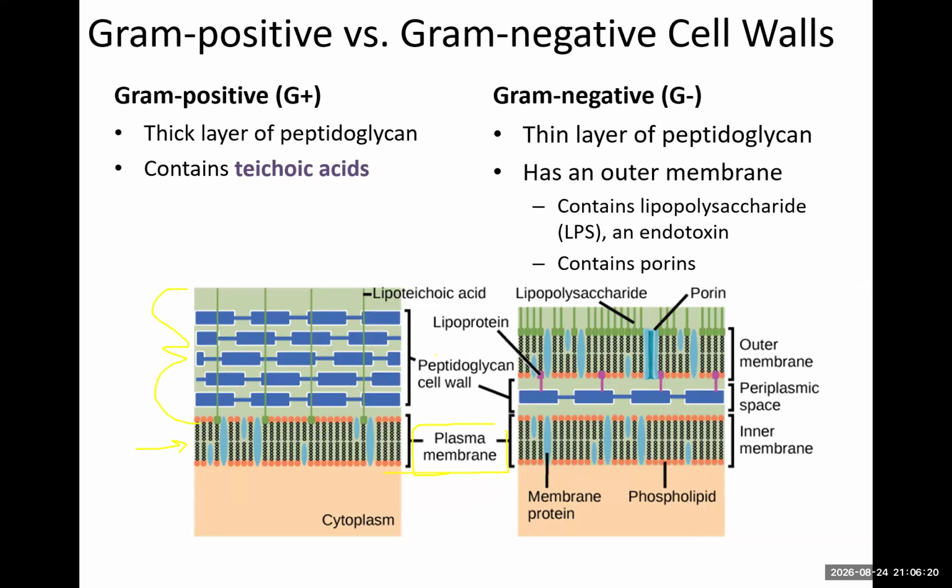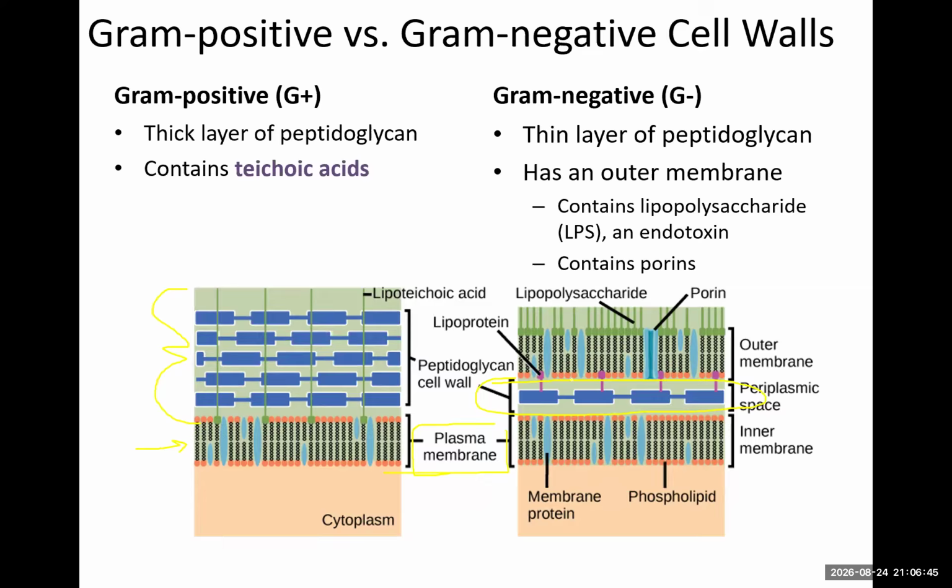Okay, but now if you check out the right-hand picture, you'll see again the plasma membrane here, but then there's a very thin layer of peptidoglycan right there. Okay, and that can actually be problematic because of the role of the cell wall in maintaining structure and preventing the cell from lysing should water rush in.